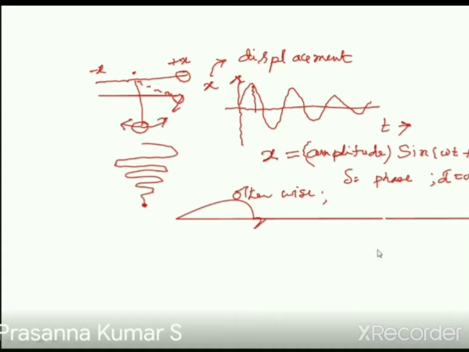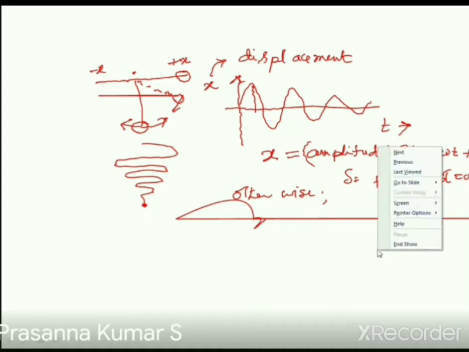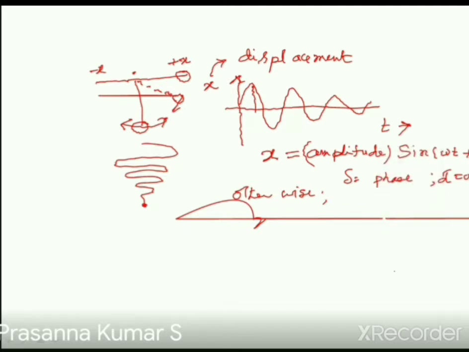Okay, so I rewrite this x. I can write x is equal to some amplitude A sine of omega t.